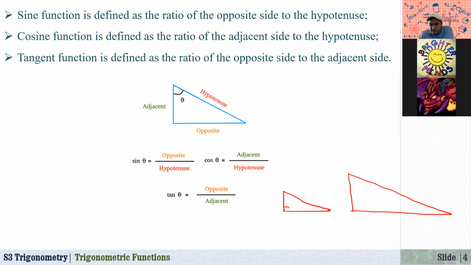Similar means that, let's say this is 90 degrees, and this must also be 90 degrees. Suppose this angle is alpha, and this angle is also alpha.